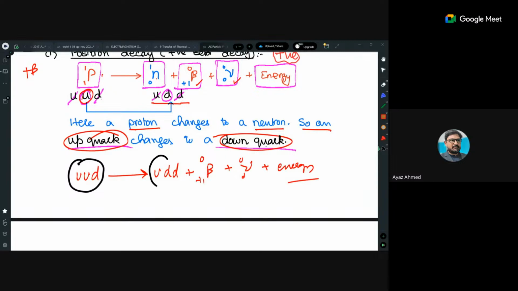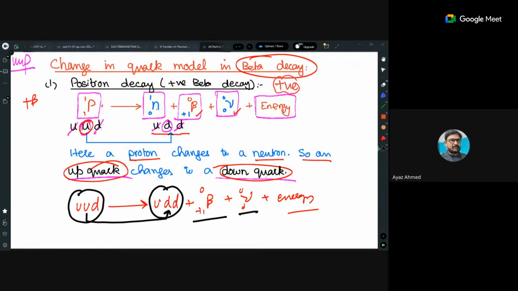The neutron consists of up, down, down. So overall, the up quark is the same, the down quark is the same, and one up quark is converted into a down quark. That is what you have to write in your exam: during positive beta decay, one up quark is converted into a down quark.